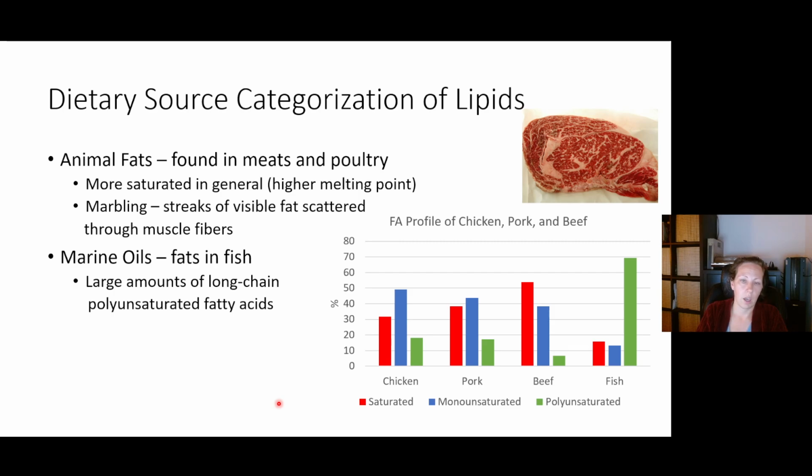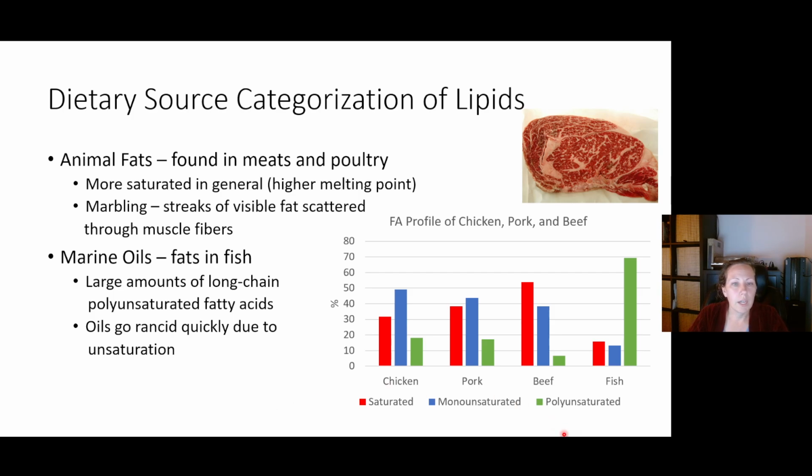So they'll have a lot of unsaturated fatty acids with 5 or 6 double bonds, which is a lot, way more than any other fat source. And because it is so polyunsaturated, those oils tend to go rancid very quickly. That's one of the reasons that fish don't keep well in the refrigerator. They need to be frozen or eaten quickly.